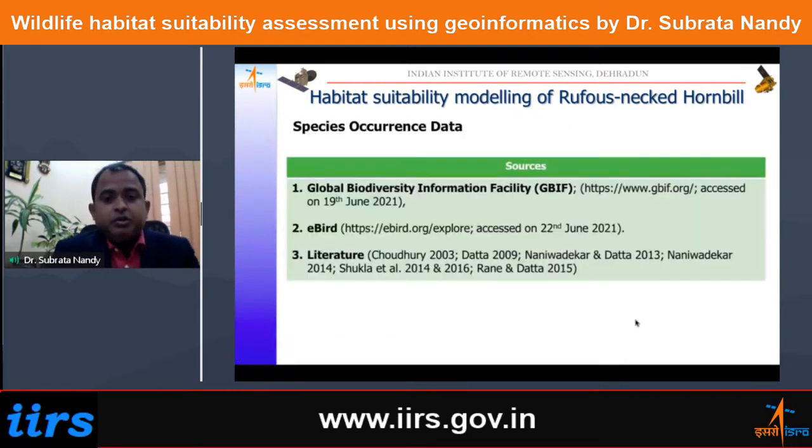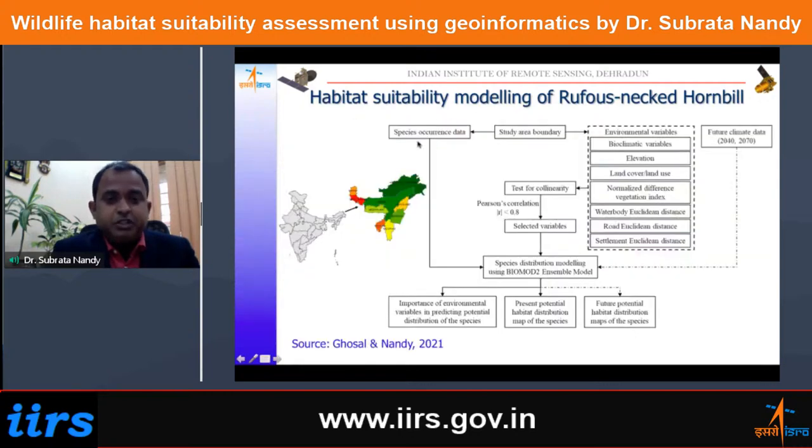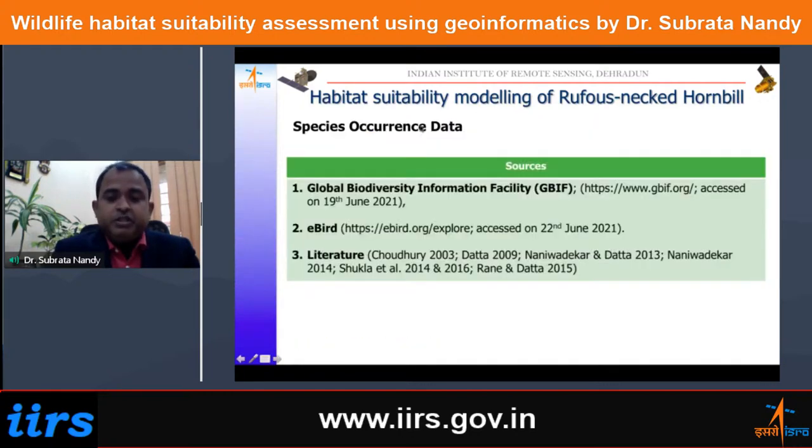Now, to start with the data, the species occurrence data. In this study, we concentrated mainly on freely available, open source data. We relied mainly on the Global Biodiversity Information Facility, then IIRS, and of course literature, because we need presence points, the latitude and longitude of the places where the species are found.